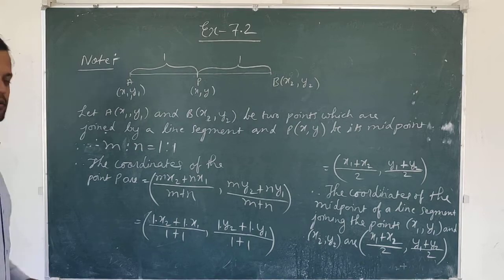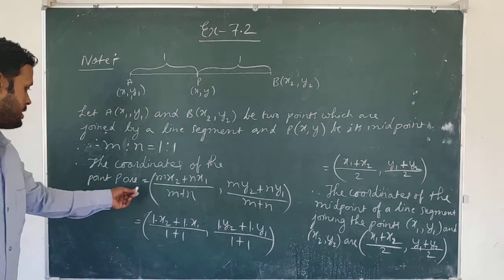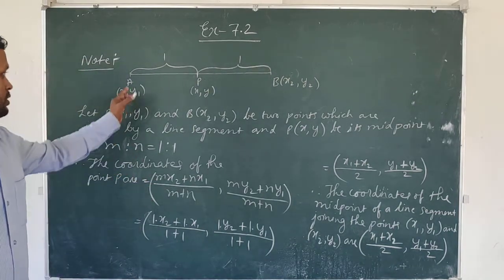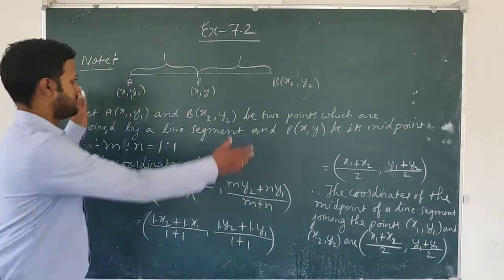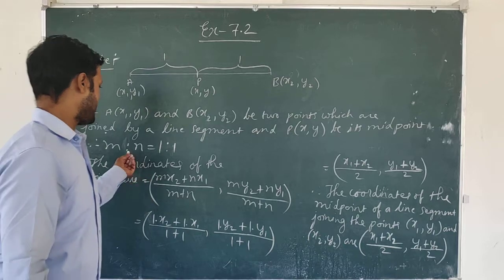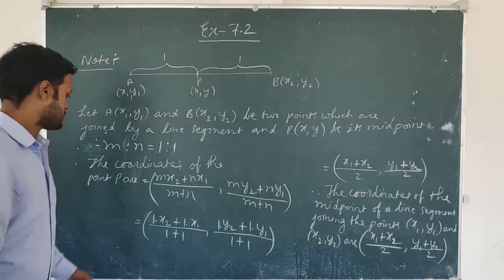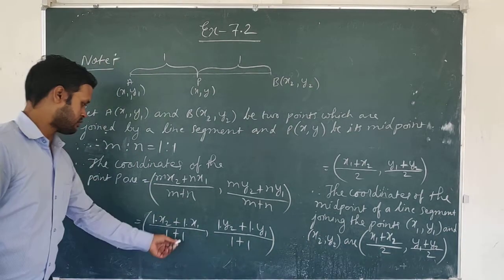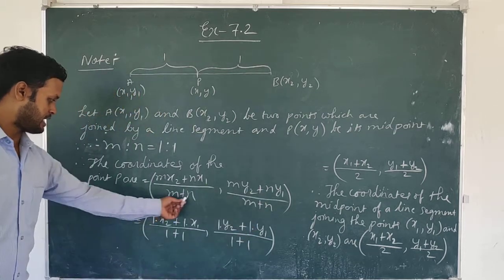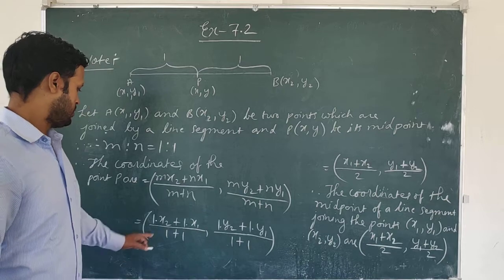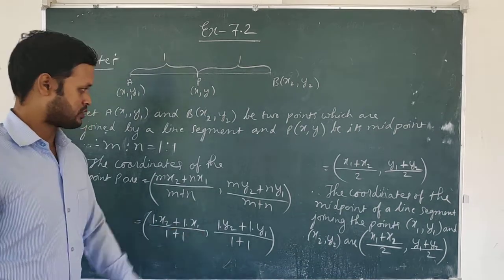So see students, P is the midpoint of AB, so P will divide AB in the ratio 1:1, that means m is to n equals 1 is to 1. In place of m you put 1, in place of n also you put 1, m plus n means 1 plus 1. So 1 into x2 will be x2, 1 into x1 will be x1.